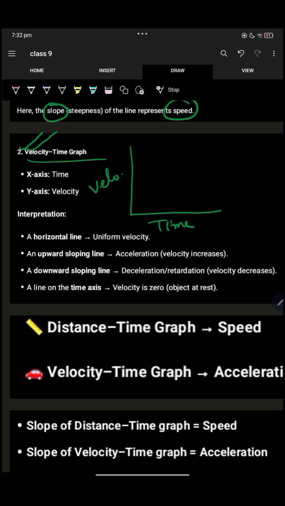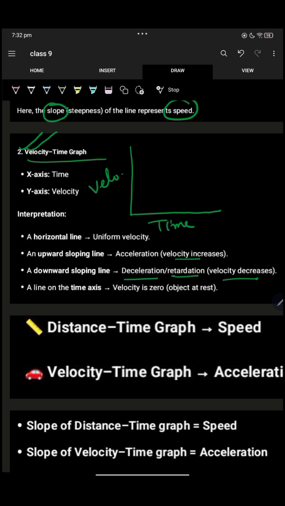A horizontal line which is parallel to the x-axis means uniform velocity. Upward sloping line means velocity is going on increasing and it is acceleration, right? Downward sloping line means velocity is decreasing and it is deceleration or retardation.